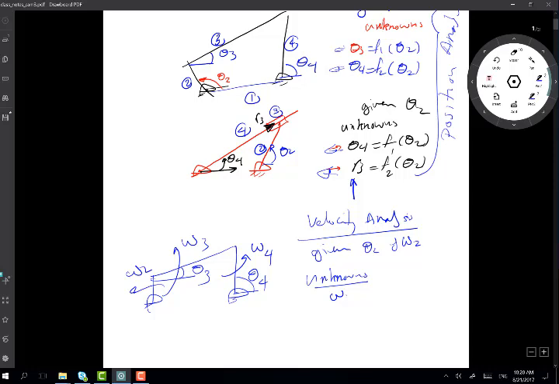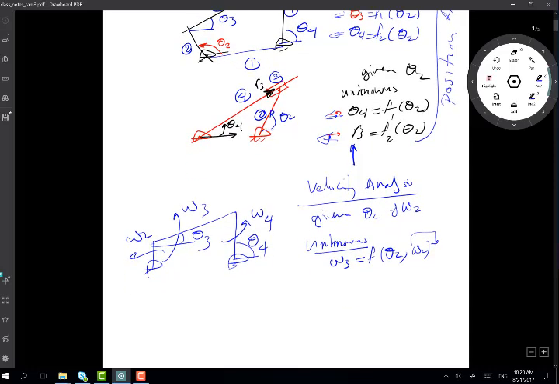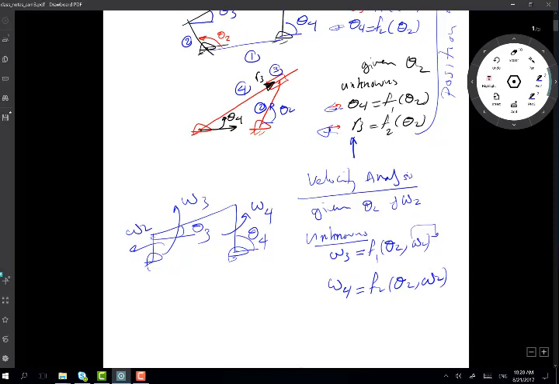So it would be omega 3, and this will be some function of theta 2, and omega 2, if constant, usually will pop outside as a constant, right? And omega 4, which is another function of theta 2, and omega 2 as well, if it's constant, will be multiplied outside.